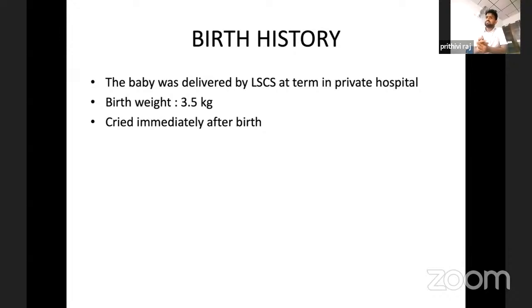Then, mostly we don't ask this question, but it is one of the important features. Placentomegaly. If there is placentomegaly, it is commonly associated with the Finnish variant of congenital nephrotic syndrome. So that gives a clue that this child may be a case of congenital nephrotic syndrome.